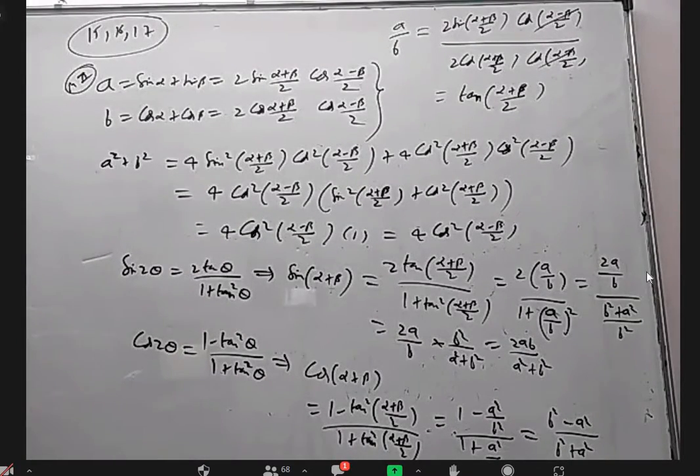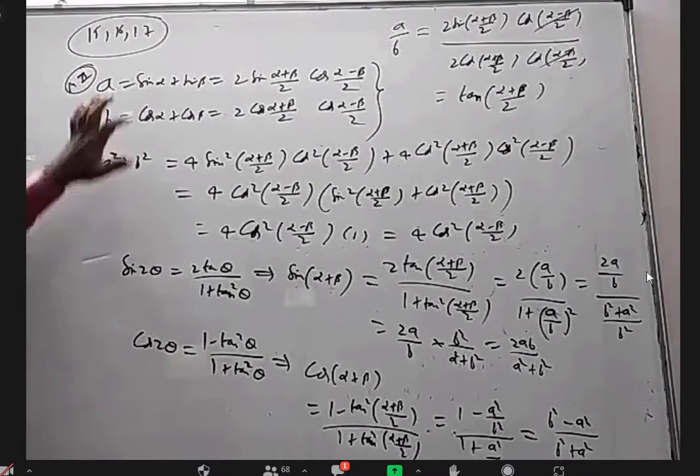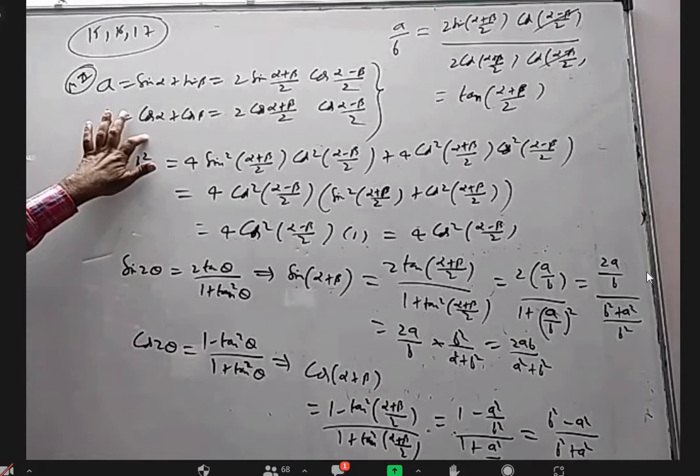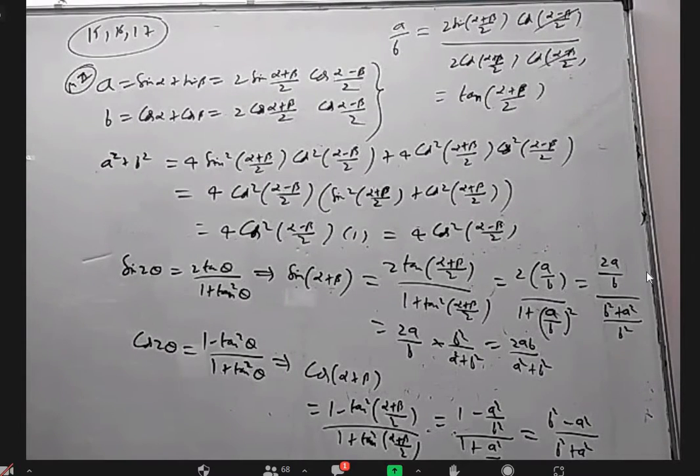So for finding sine of alpha plus beta, we can multiply A and B instead of dividing. You can multiply A into B. When you multiply directly, this will give you sine 2 alpha. After applying transformations, you want to multiply.